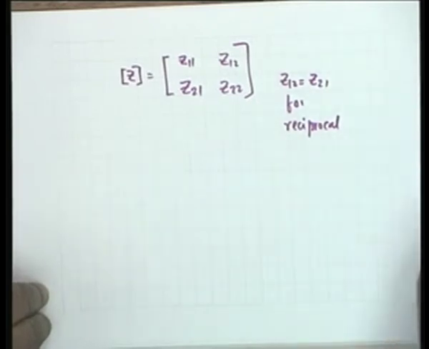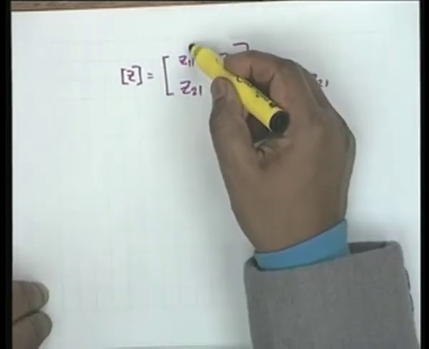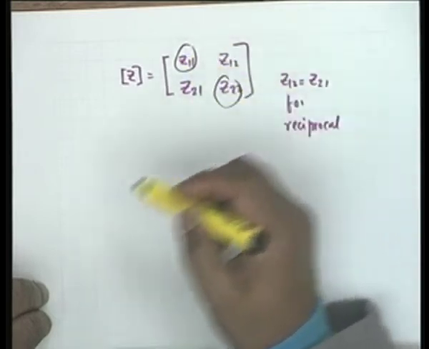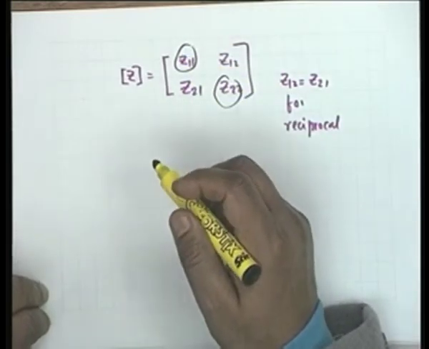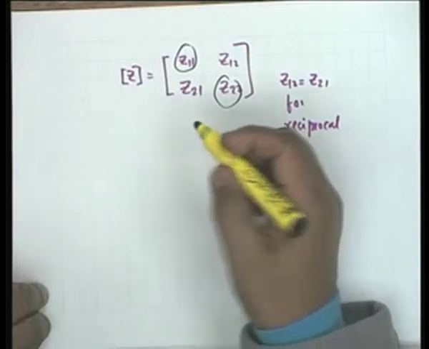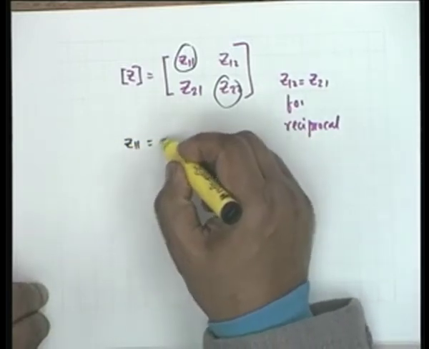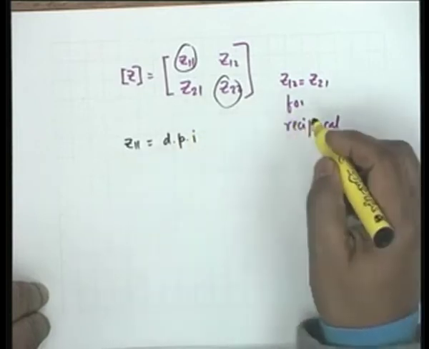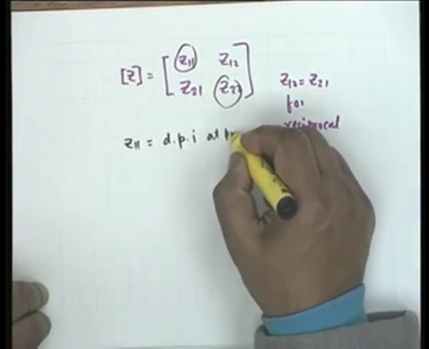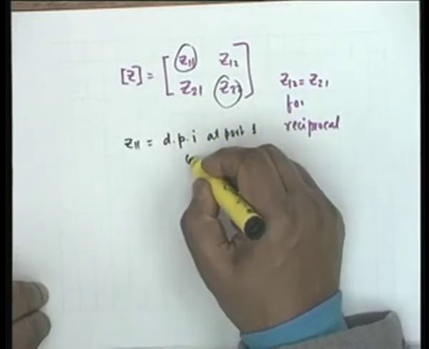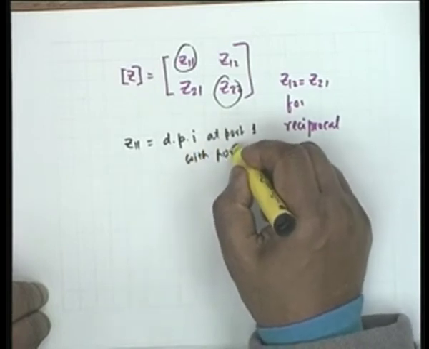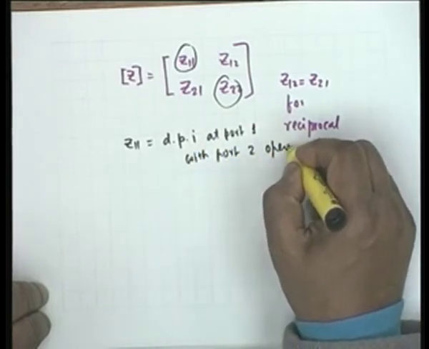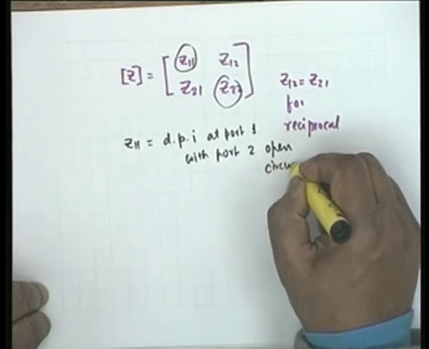Z11 and Z22 are driving point impedances at ports 1 and 2 with the other port open circuited. Z11 is the driving point impedance at port 1 with port 2 open circuited.